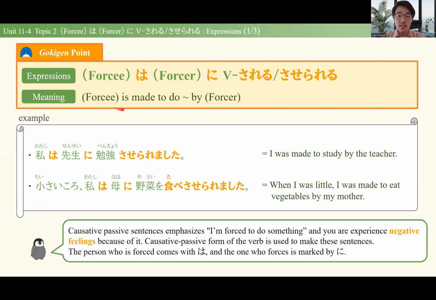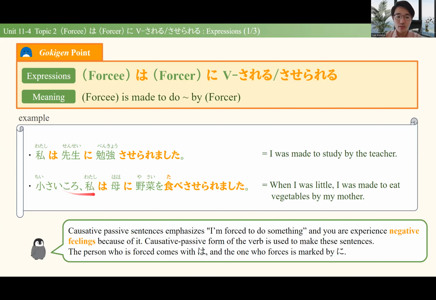So foresee is made to do something by forcer. 私は先生に勉強させられました。勉強させられる, that's the causative passive. 私 is the foresee. Forcer is your teacher, 先生. I was made to study by my teacher.